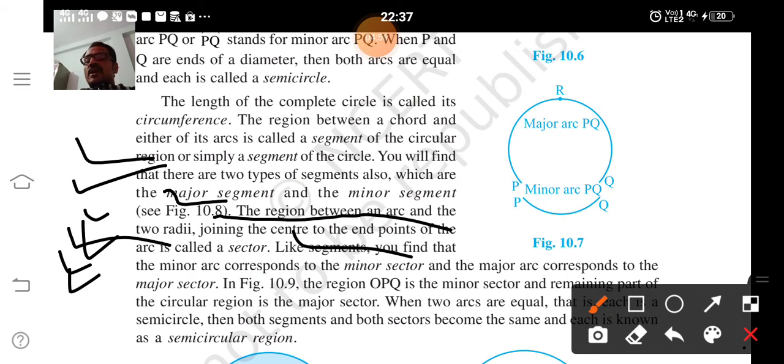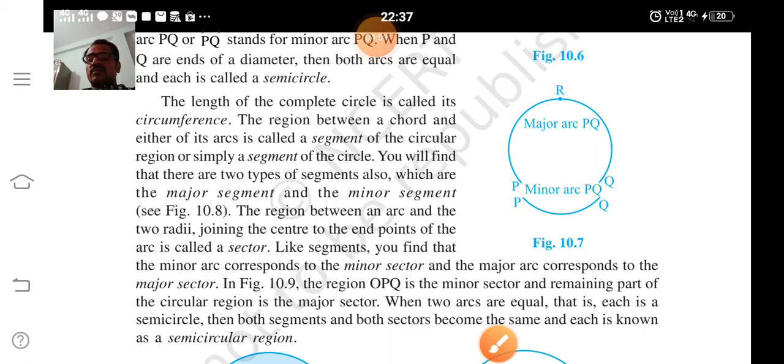In figure 10.9, region OPQ is the minor sector and the remaining part of the circular region is called the major sector. When two arcs are equal, that is each a semicircle, then both segments and both sectors become the same and each is known as a semicircular region.